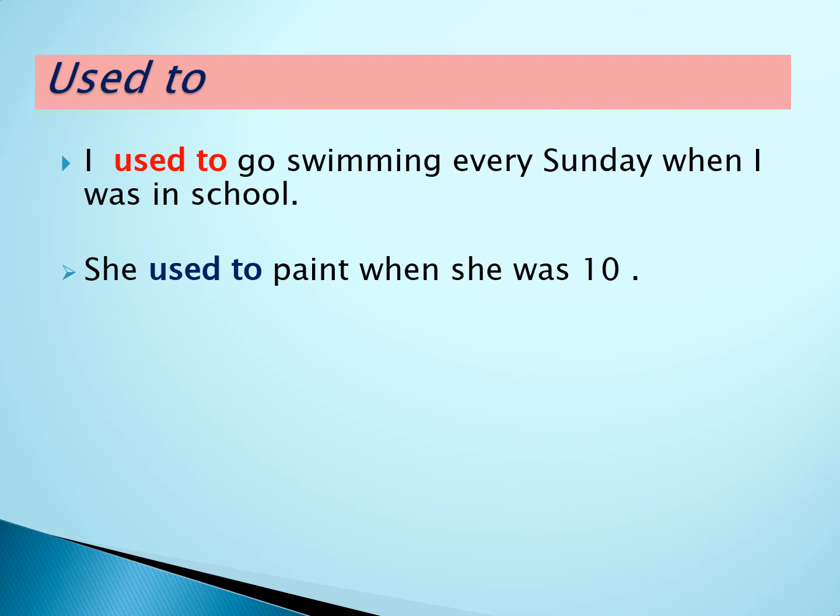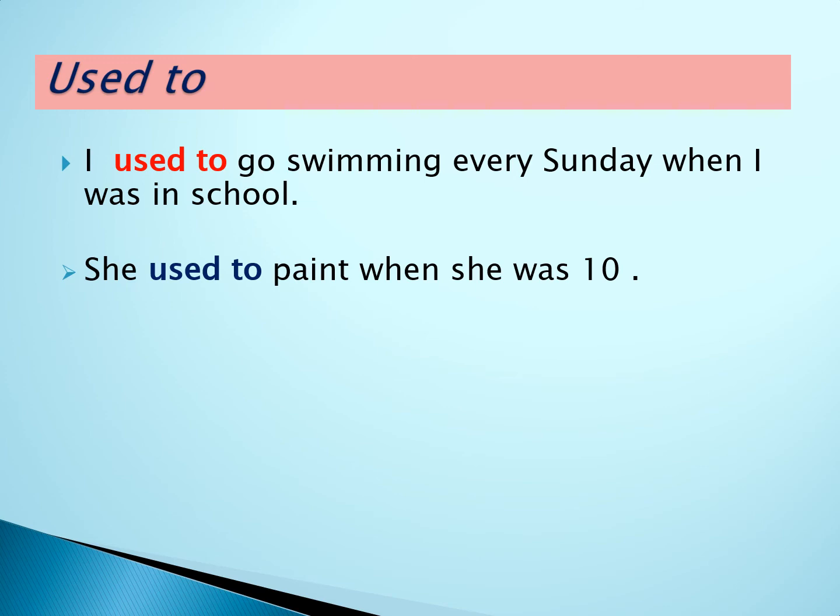Another sentence. She used to paint when she was 10. So at the age of 10, she painted pictures. That was her past habit. That does not happen anymore in future.